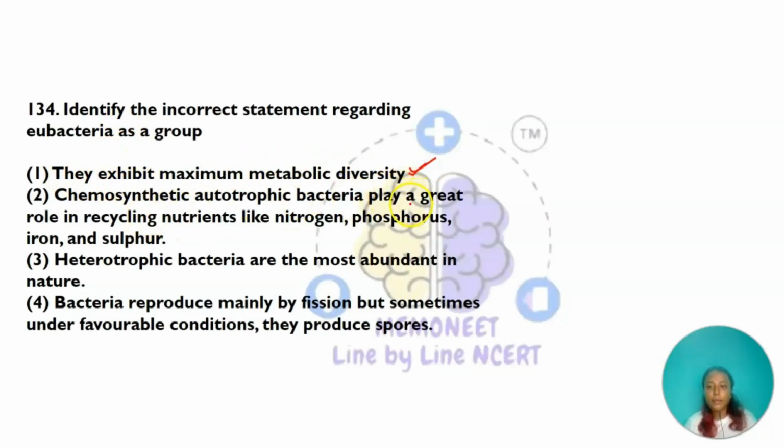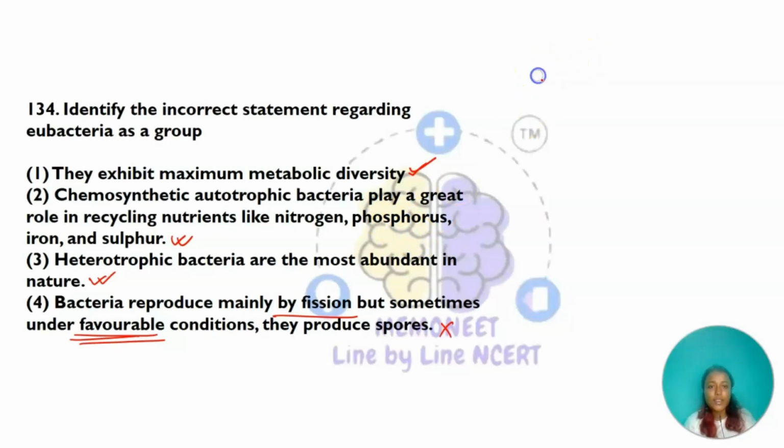Chemosynthetic autotrophic bacteria play a great role in recycling nutrients such as nitrogen, phosphorus, iron and sulfur, which is again true. Heterotrophic bacteria are the most abundant in nature, which is true. Now, bacteria reproduce mainly by fission, which is true, but sometimes under favorable conditions they produce spores. So this is the incorrect statement, because under unfavorable conditions, they produce spores.